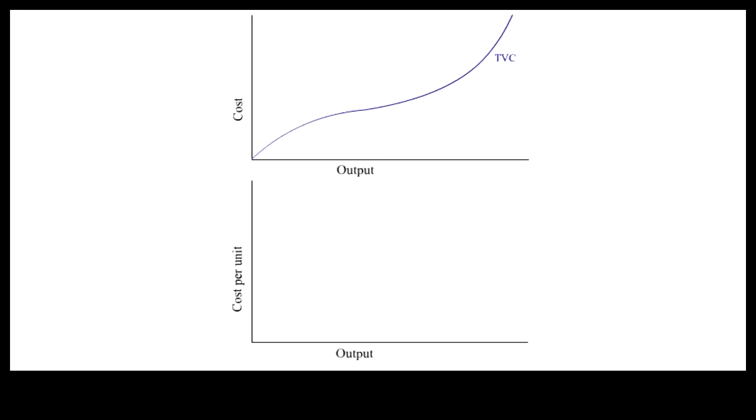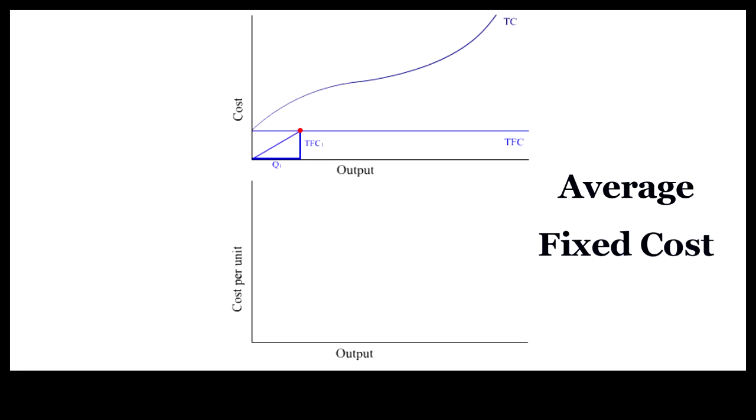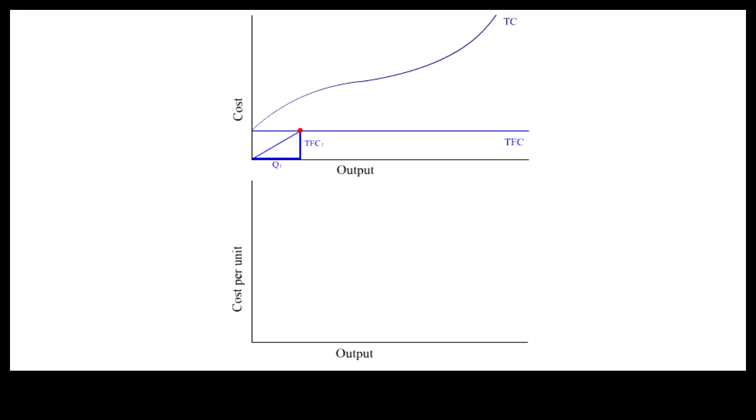When the cost of fixed inputs is added, TVC is simply shifted up by the same amount over the whole range of output. When TFC is divided by a given level of total output, we get average fixed cost, AFC. At Q1, AFC is equal to TFC1 divided by Q1.